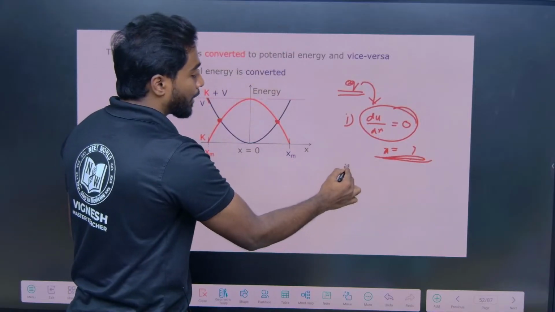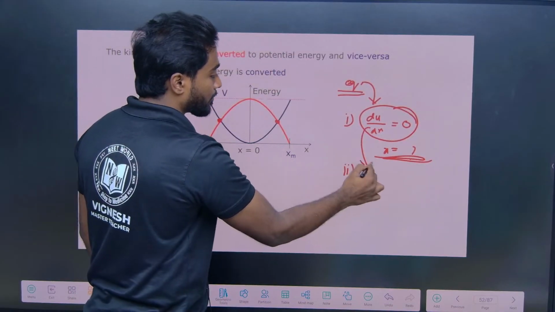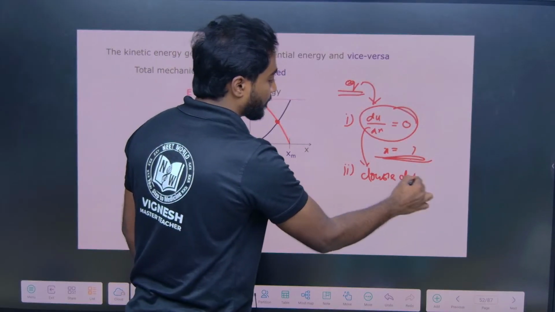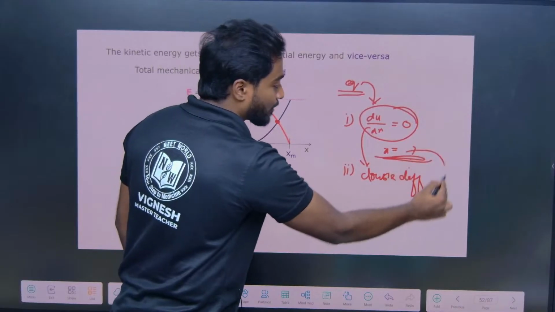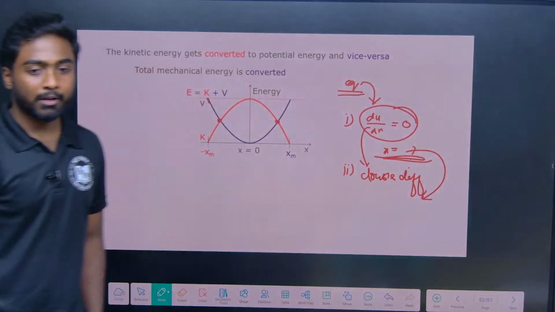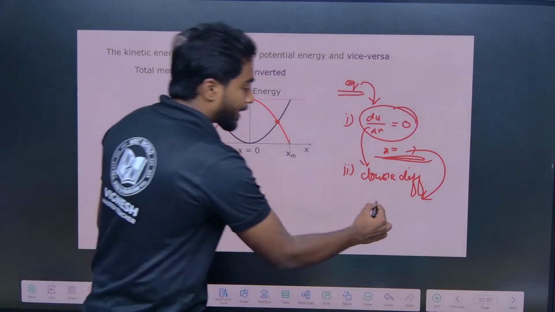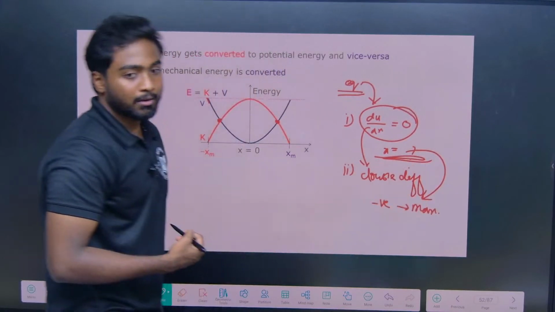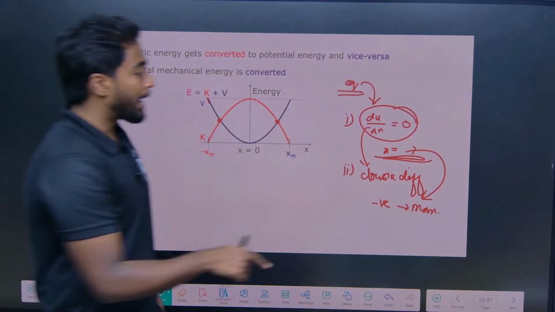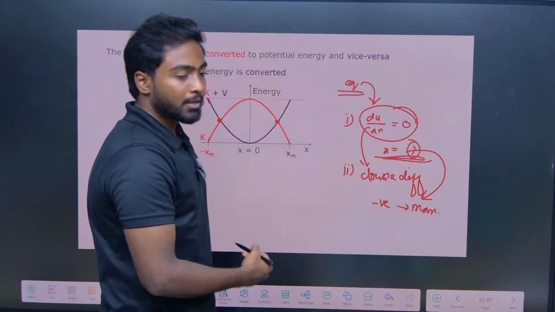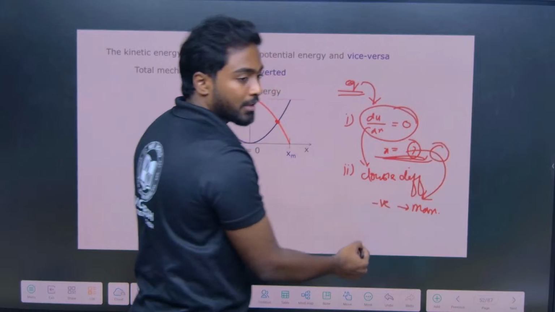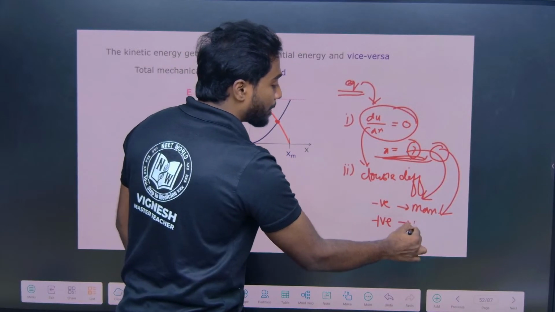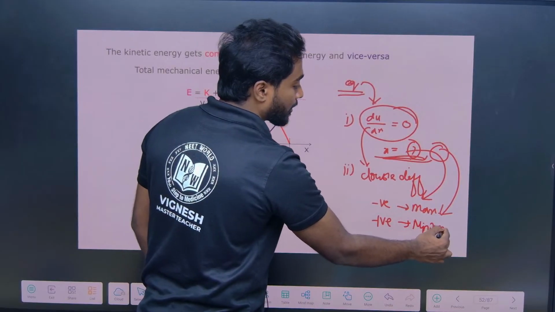Second step, I'll double differentiate. Whatever value of x we got, we'll substitute here. If we get a negative value, it is maxima, which means at that particular point the equation is maximum. Suppose for another number I substitute this value and get a positive value, that is minima.